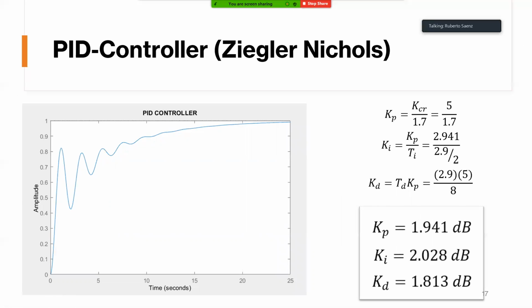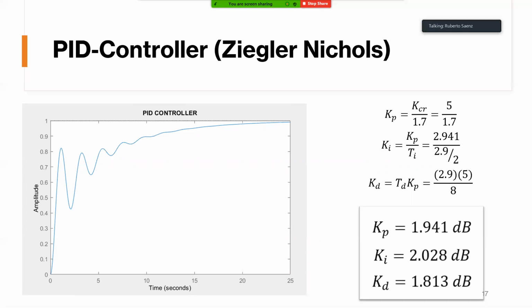Lastly, we have our PID controller. This is just like the PI controller, but it also implements a derivative gain. So not only do we solve for Kp and Ki, but we also have to solve for Kd, the derivative gain. Kp is solved similarly to the other ones. It's just the critical gain over a value, and this one's going to be 1.7.